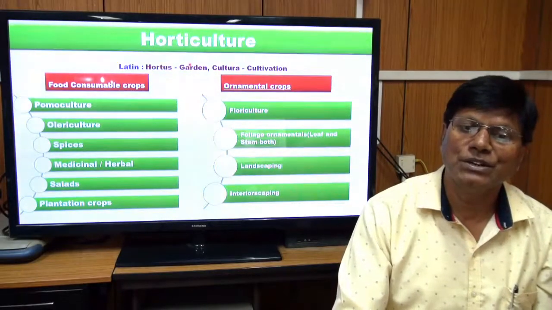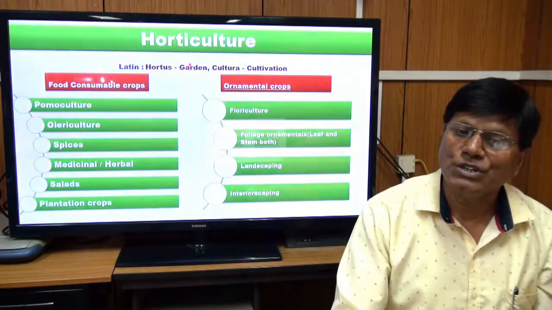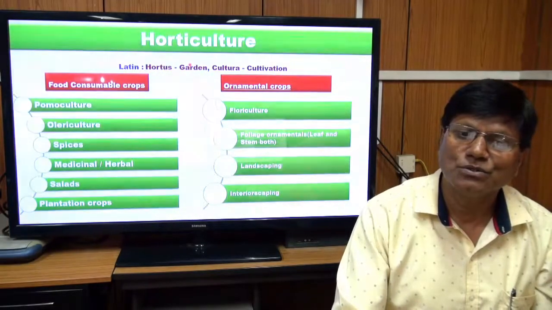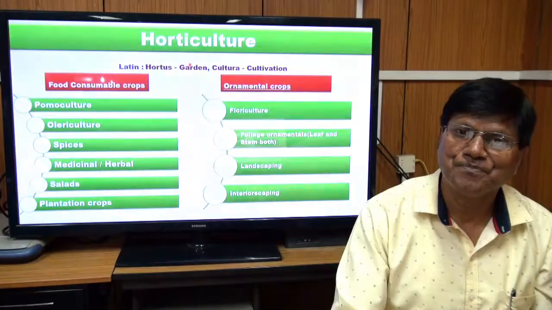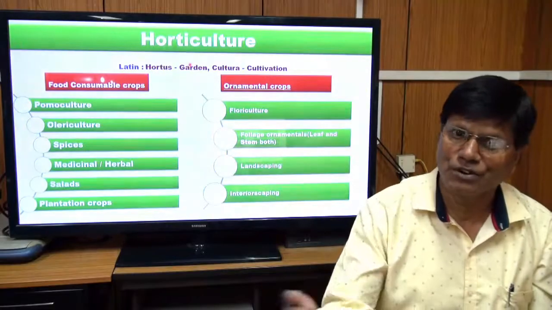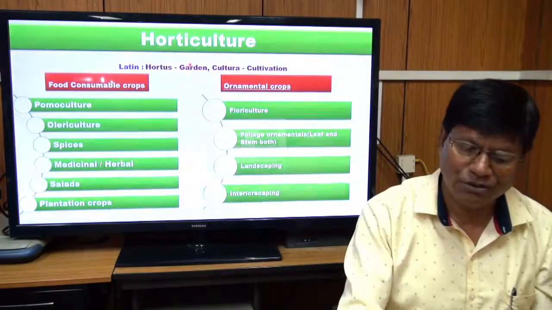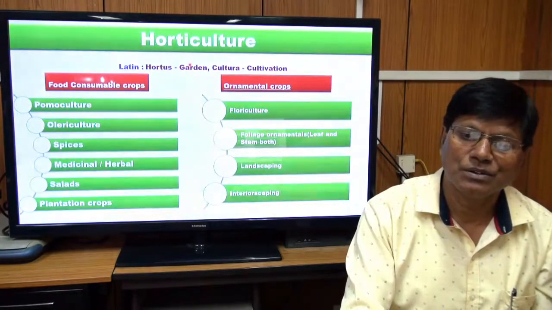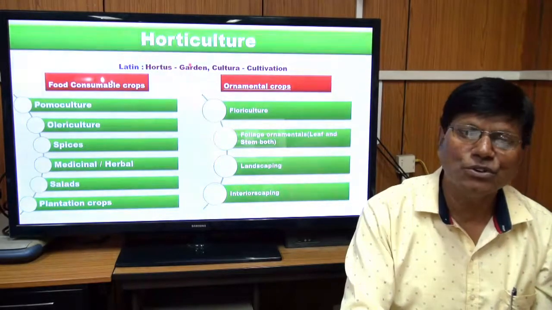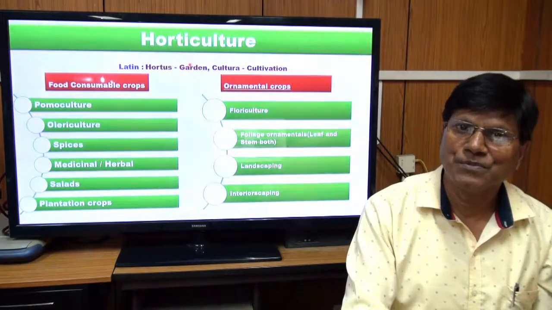The ornamental part can include floriculture, the study of cultivation of flowers, foliage ornamentals, leafy ornamentals, landscaping, beautification of land area, and interiorscaping, meaning scaping inside the house. So horticulture as a whole includes food consumable crops and ornamental crops.